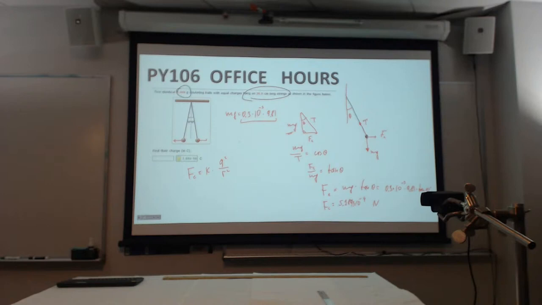And what distance did you use? How did you find the distance? So I did the sine of theta times the length of the string in meters, and then I multiplied that by 2.